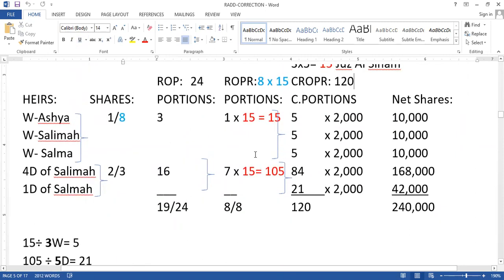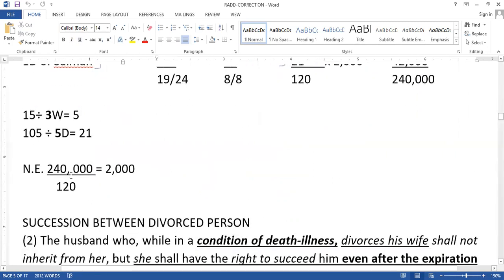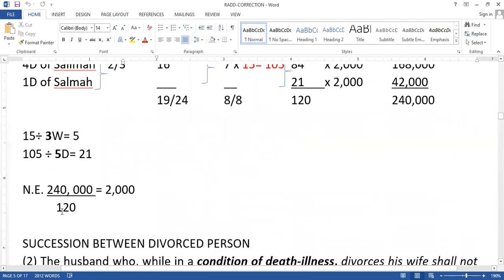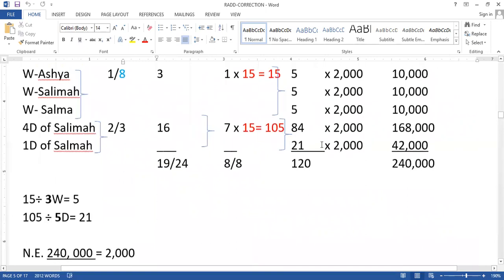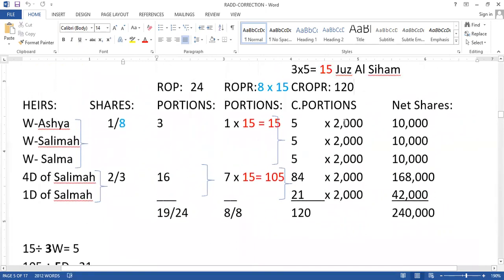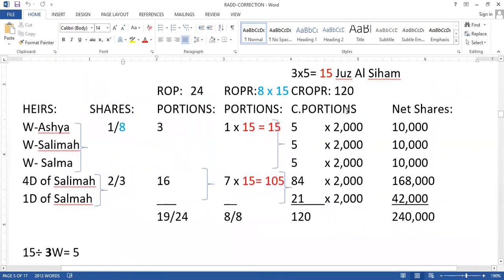Take note, ang gagamitin natin na divisor dito in getting the amount na i-multiply natin dito sa mga shares ng ating sharers is yung pinaka-last na ROP na ginamit natin. So if it is corrected ROP or ROPR or IROP, basta yun ang pinakahuling ginamit natin, doon natin siya i-multiply.